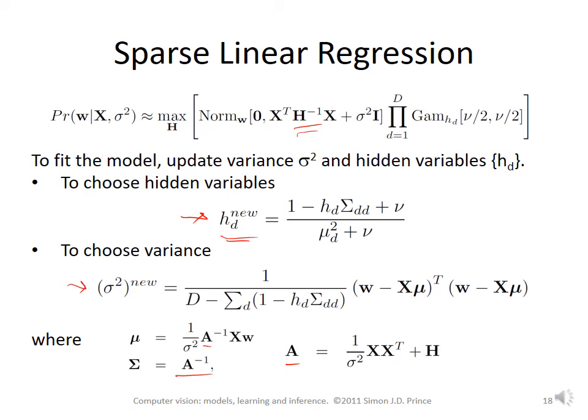And that means that that dth dimension, that particular dimension of the x vector, is going to be de-emphasized. So a high h has encouraged our model to ignore that dimension of the x vector. It's saying that measurement from the real world isn't very important in determining the probability of w.